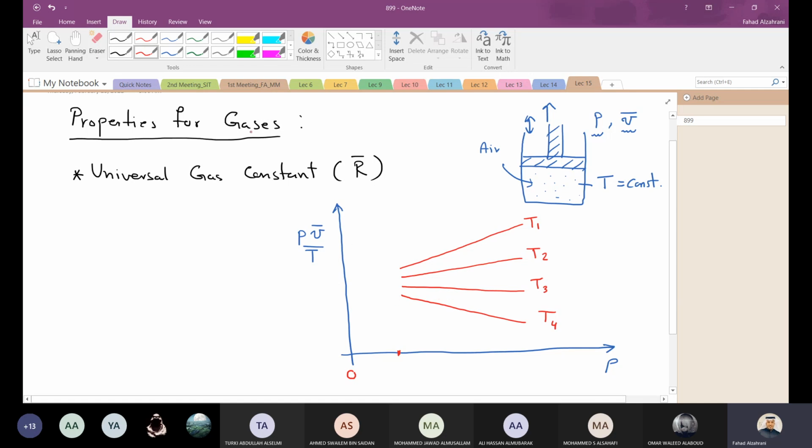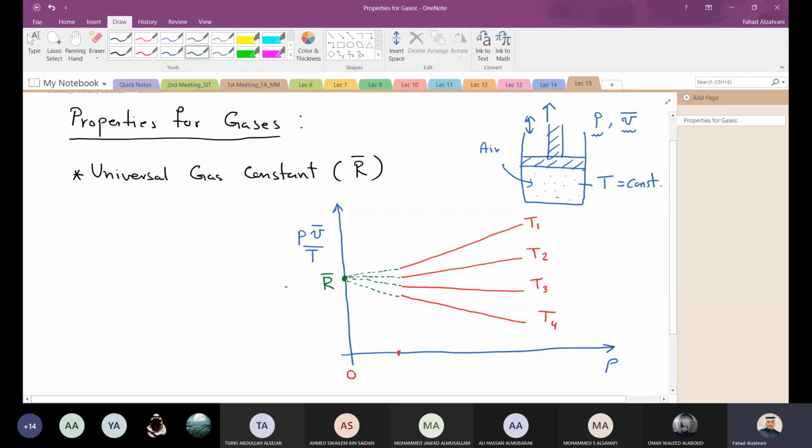When they tried to do this, they found that all the lines extend to the same value. Wow, is it possible? Yes, all the lines extended to the same value.